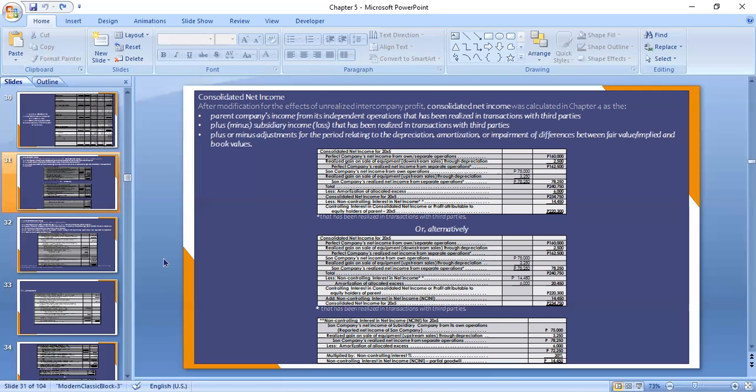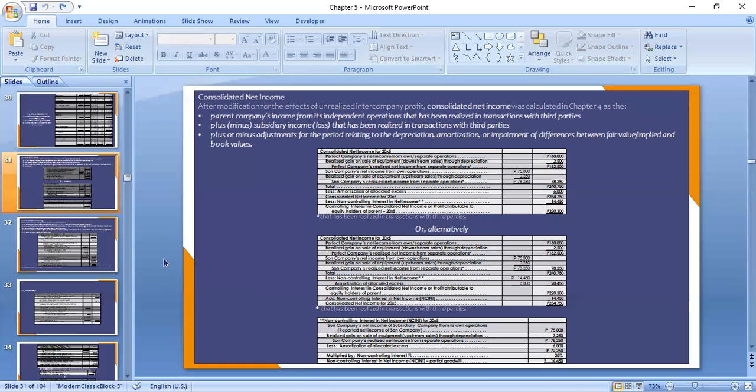So we have now the consolidated net income for 20x5, and we deduct the share of the non-controlling interest. The difference is the share of the controlling interest for the year.